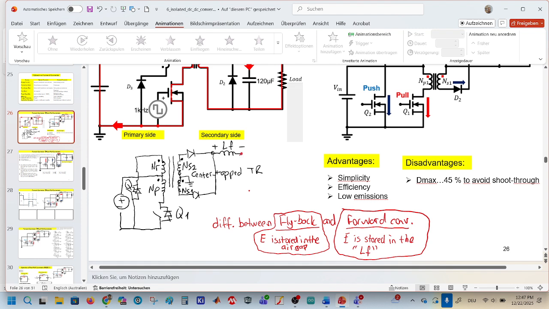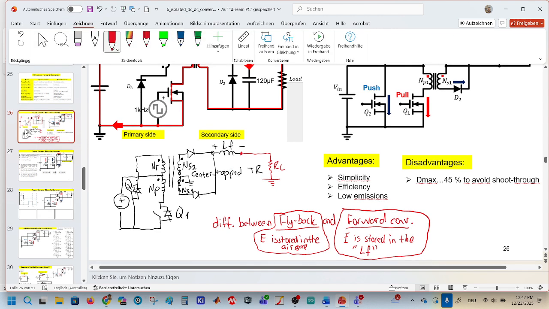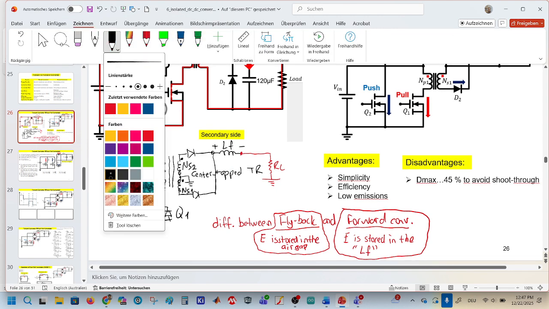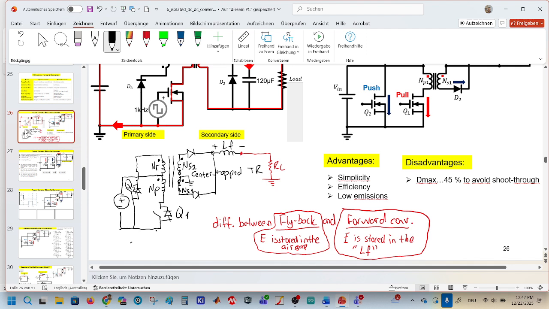And as a load, we usually show our load as a resistance. Maybe it's better to show the grounds of the primary and secondary side different.